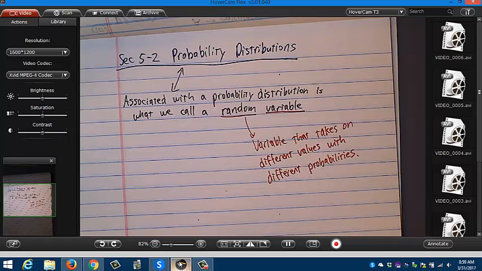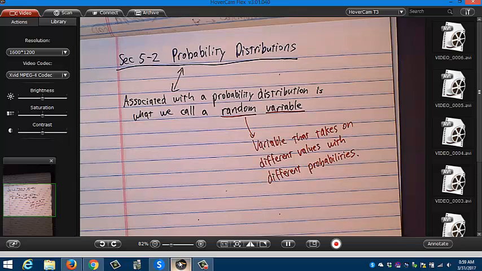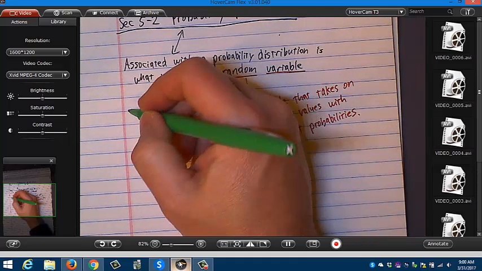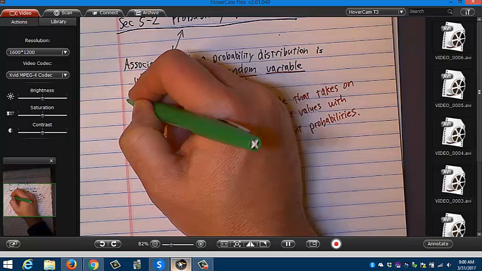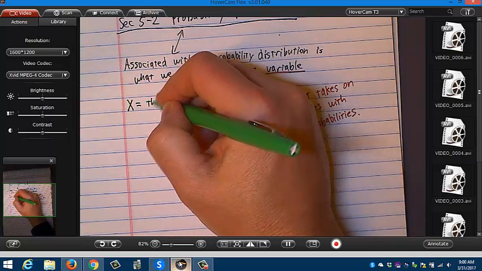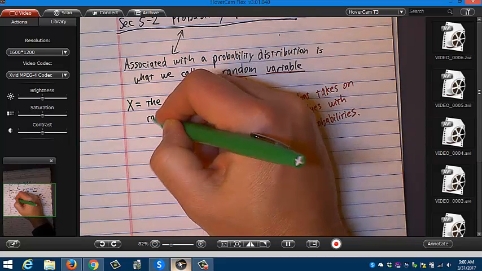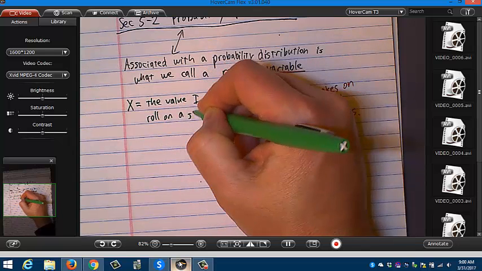I want to do examples that we've already seen because I think that will help the most. We'll usually use capital letters for random variables. Lowercase letters are what you used in your algebra class usually. So I'm going to use a capital letter, and I'm going to talk about X. I'm going to say X is the value I roll on a standard die.